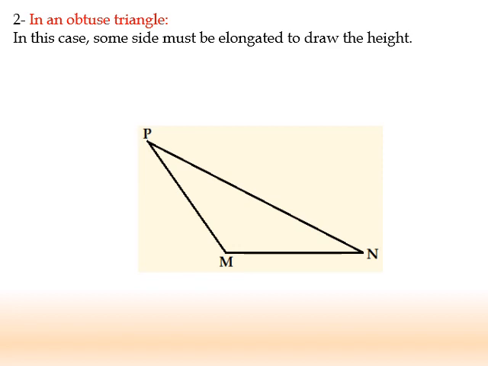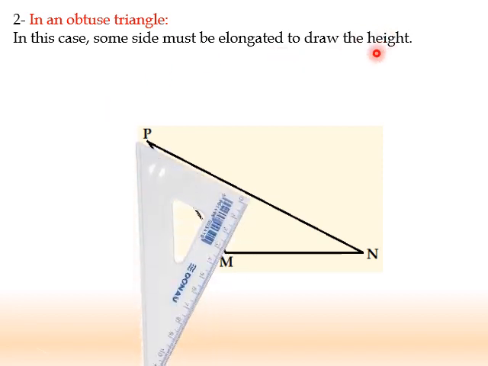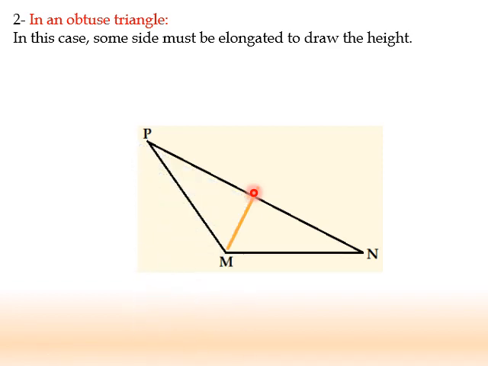Now, in an obtuse triangle, some side must be elongated to draw the height. This one is simple. From M, I have to draw the height, the perpendicular relative to PN, and that's it.